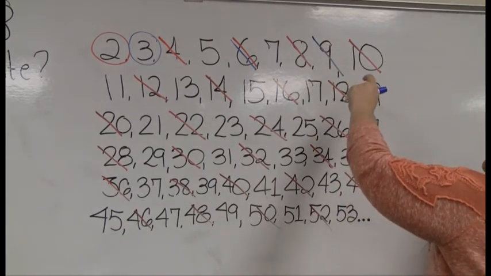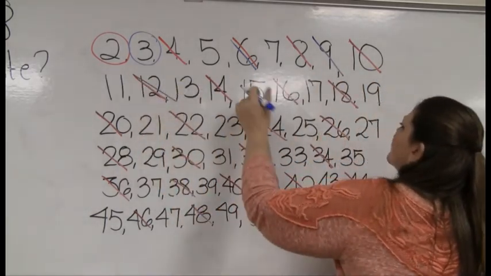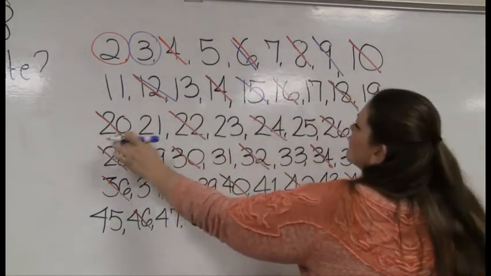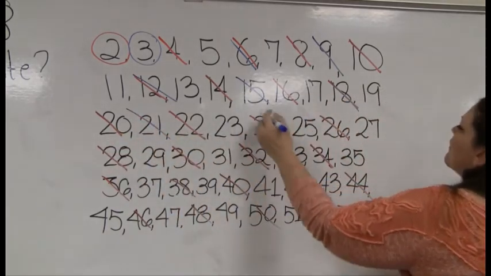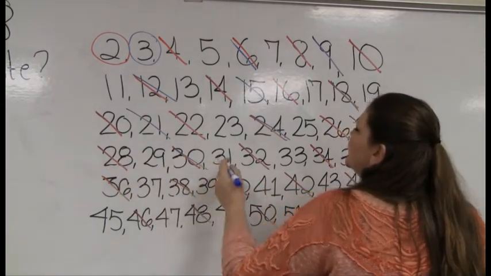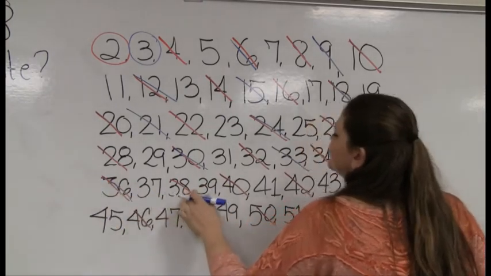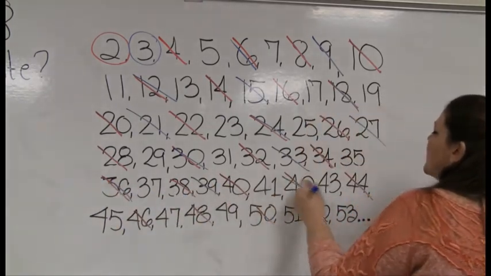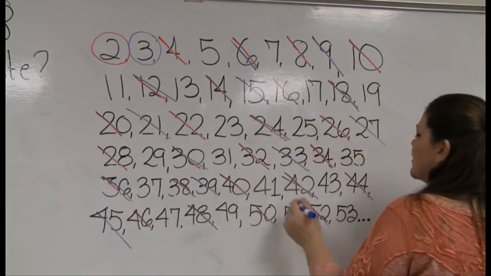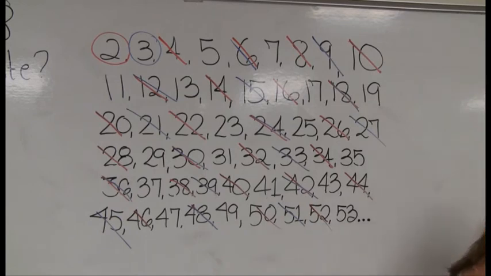And then I can do, again, that counting trick. 1, 2, 3, that's 12, 15, 18, 21, 24, 27, 30, 33, 36. Some of these numbers are getting crossed off twice, huh? That's okay. It's because they have more than one factor in them.